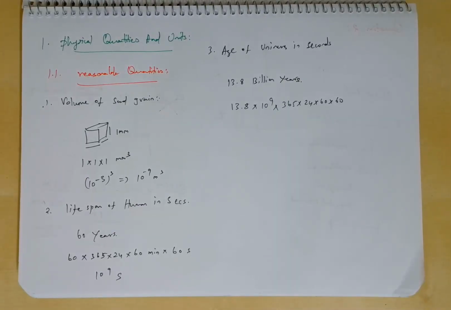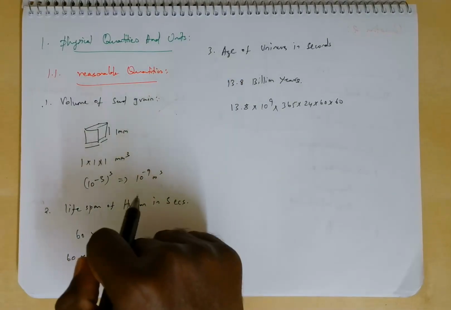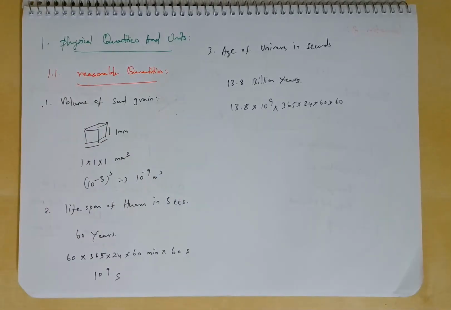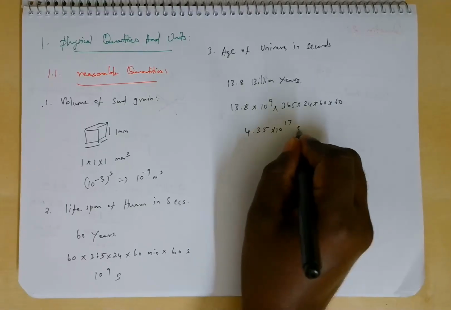We already found this is approximately 10 power 9. If we divide it by 60, we will get 10 power 8. If you multiply it by 13.8 into 10 power 9, then we will get approximately 4.35 into 10 power 17 seconds.